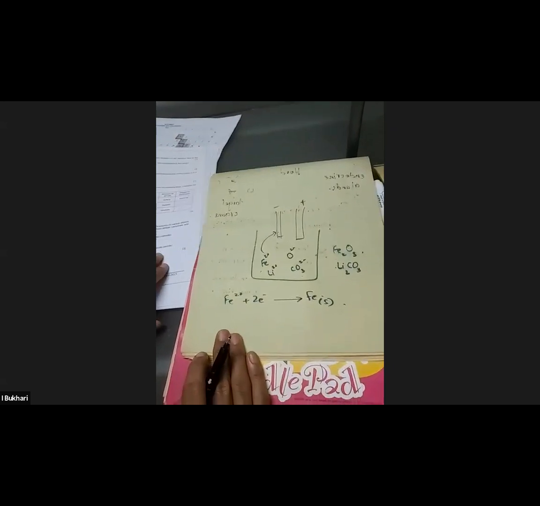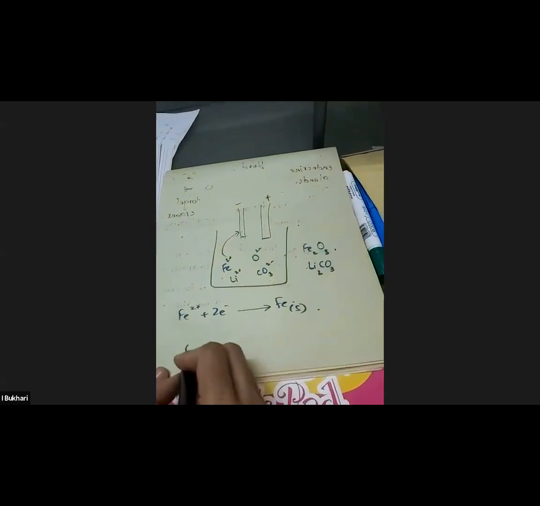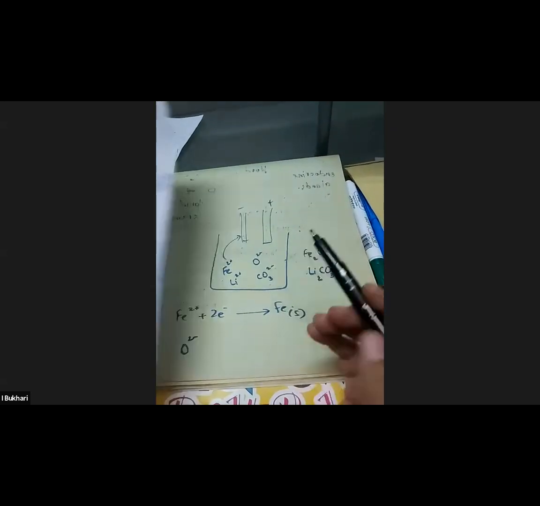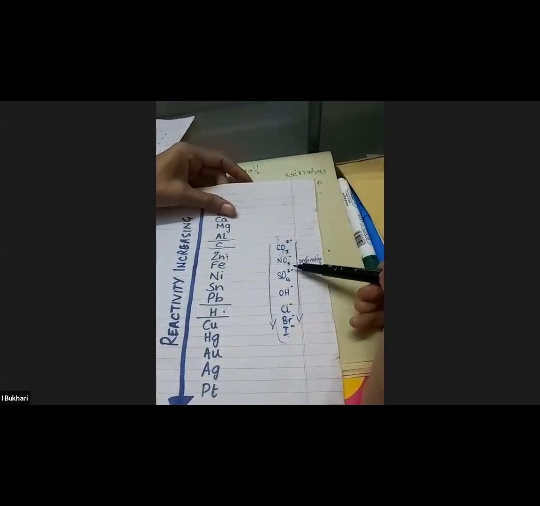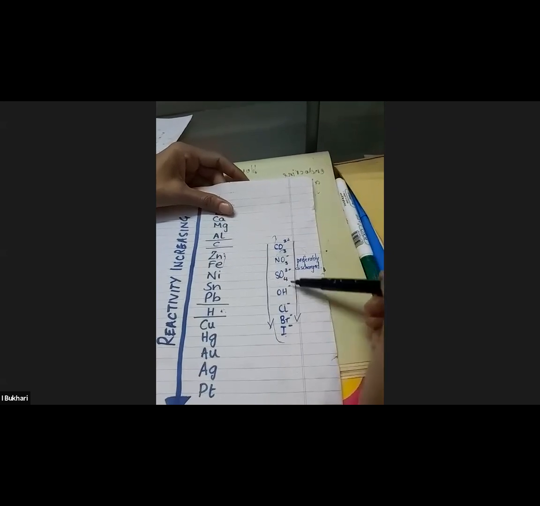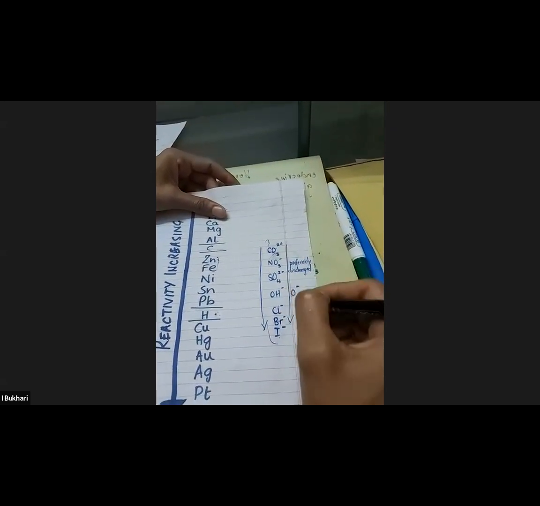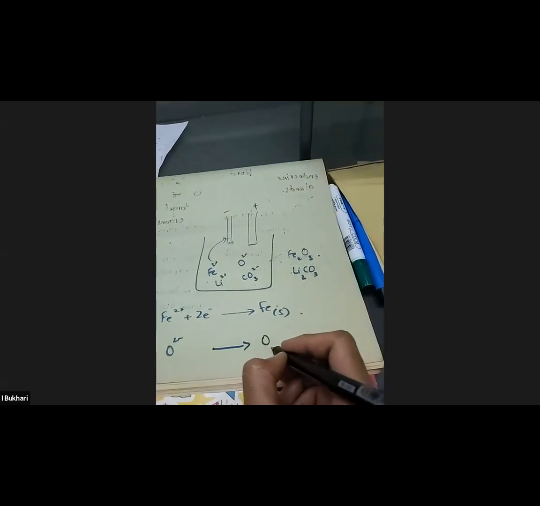Okay, now complete the equation for the reaction at the positive electrode. So oxide. Now carbonate, I told you anions, carbonate, nitrates, and sulfates, they remain. And it is the hydroxide or maybe the oxide which is preferentially discharged. So oxide will be forming oxygen.